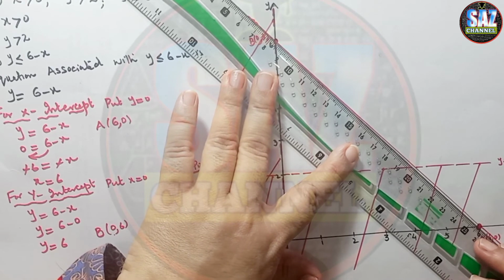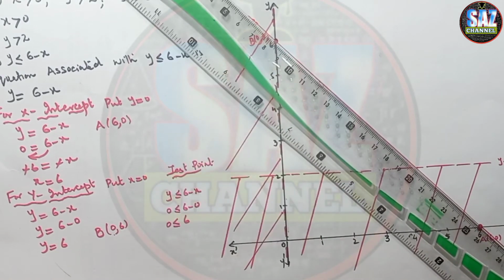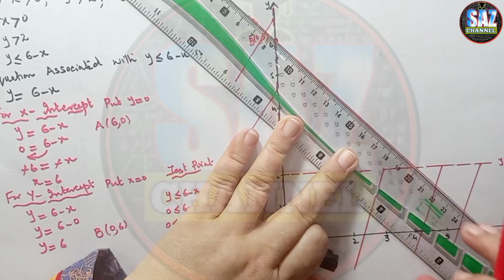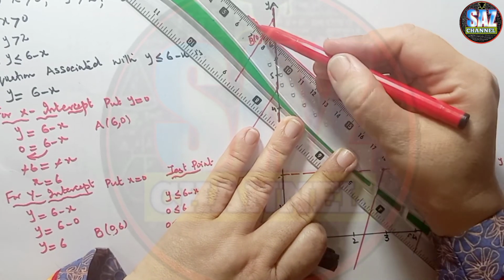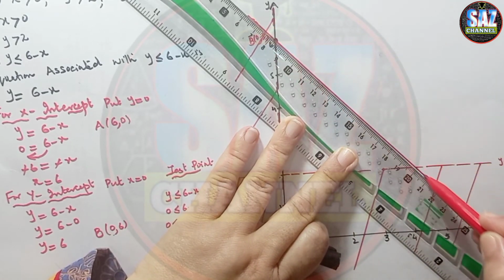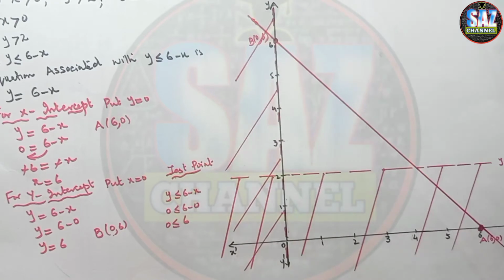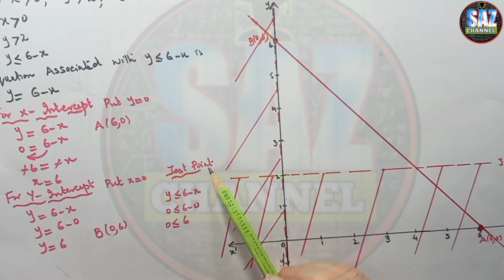Let me make this line a little dark so that my students can see it more visibly and more clearly. And after drawing this line, we have to decide for the shading. For the shading purpose, we have to take help from the test point, and the test point for the non-vertical line is mostly (0, 0).